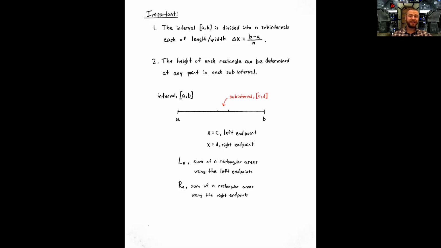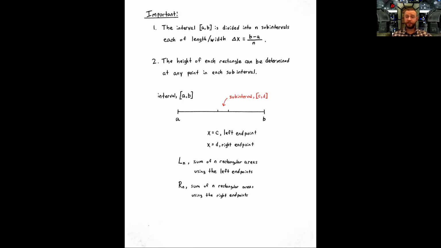So if you use the left endpoints, we add up all those rectangular areas using the left endpoints to determine the heights. When we get this approximation, capital L with a subscript n, which denotes the sum of n rectangular areas using the left endpoints.